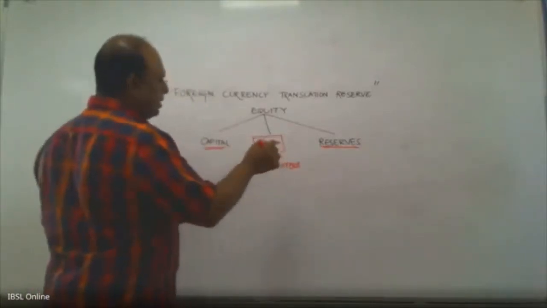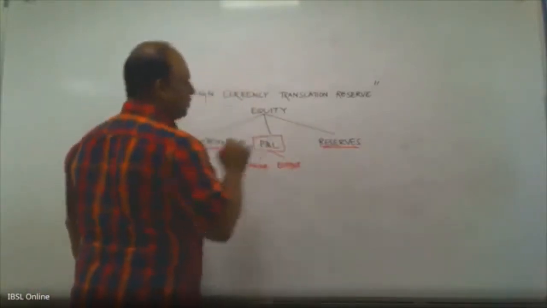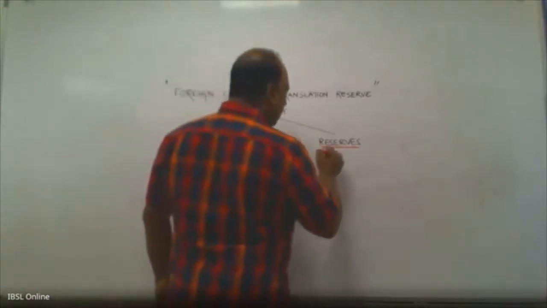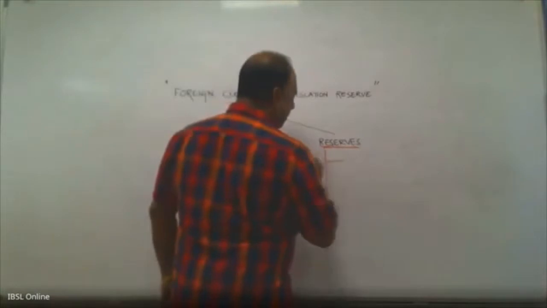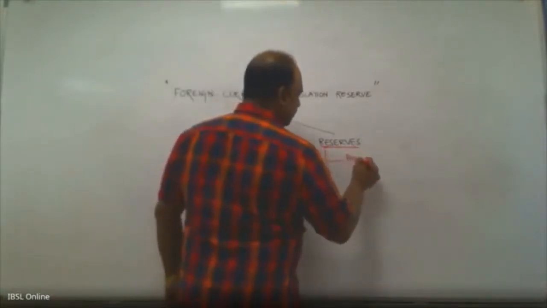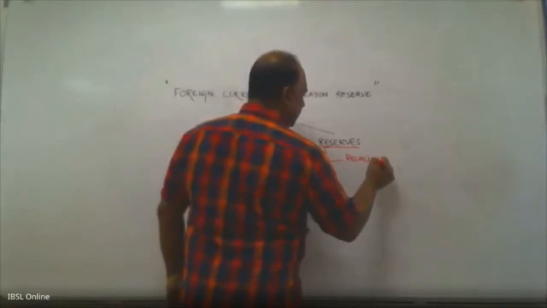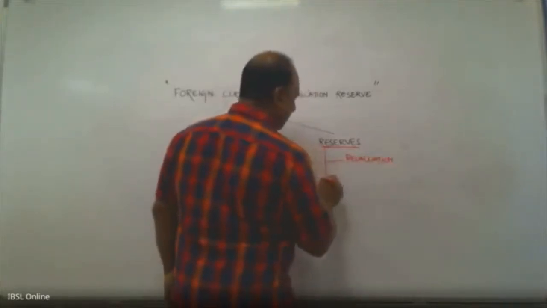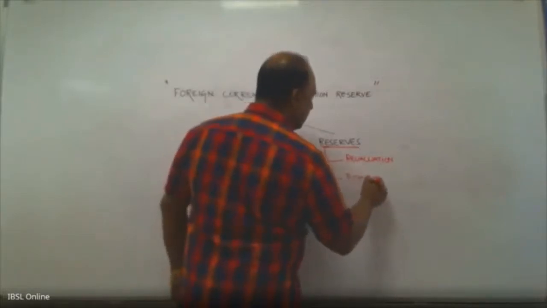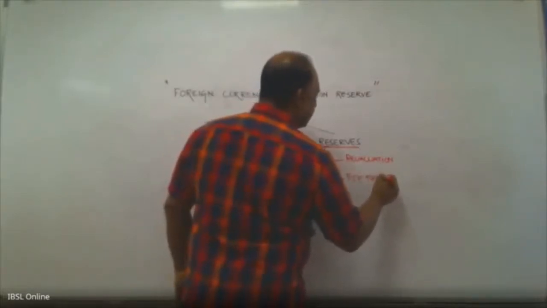Some reserves may be a transfer of profits into the reserve, or some reserves will actually be the revaluation reserve, what you have learned so far. Now we are learning the foreign currency translation reserve.